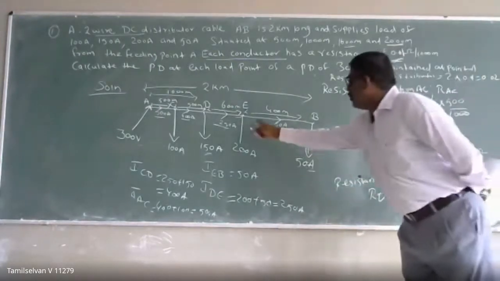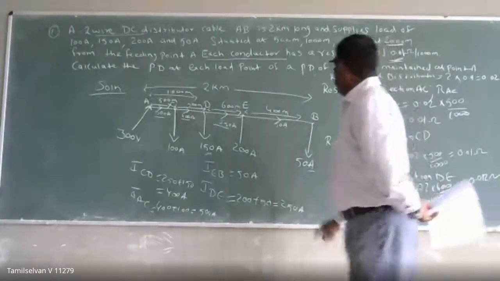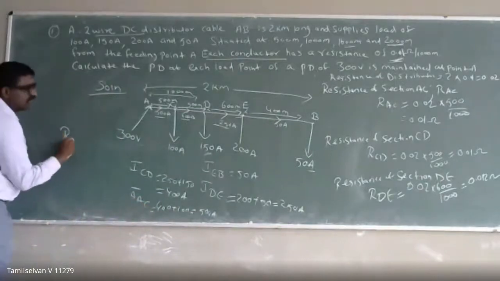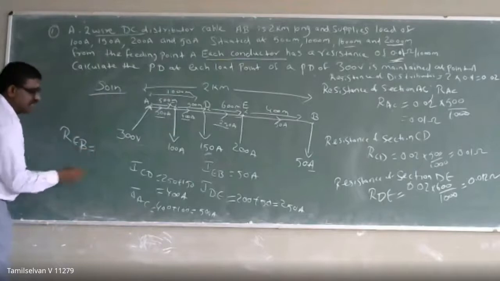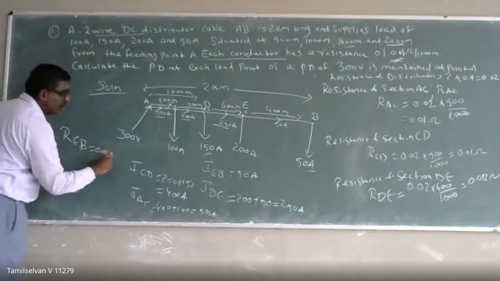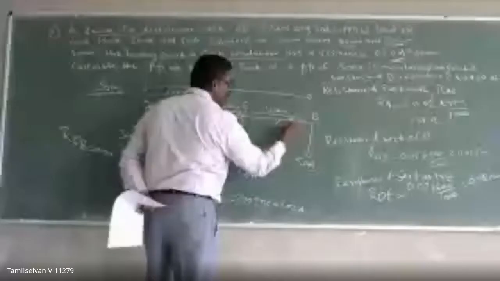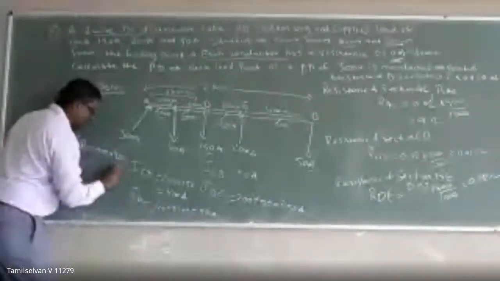Similarly, I can calculate the resistance of section EB. So section resistance EB is equal to 0.02 into the length, which in this case is 400 meters. So it means 400 by 1000.